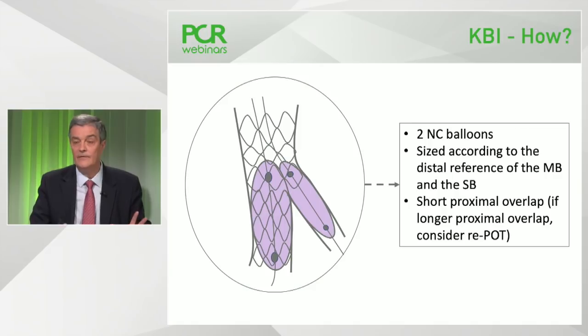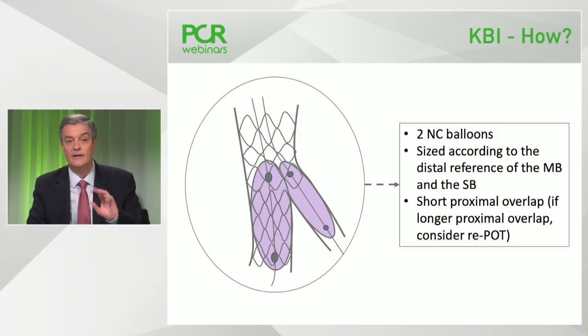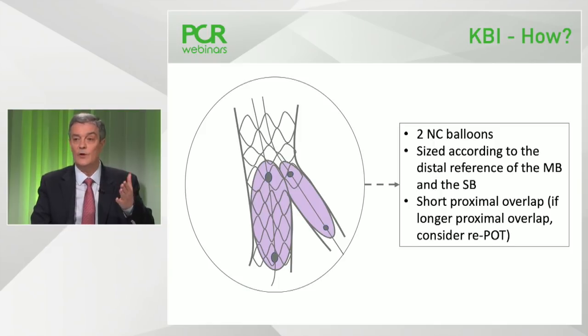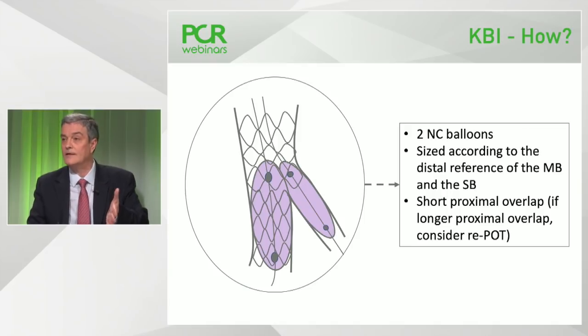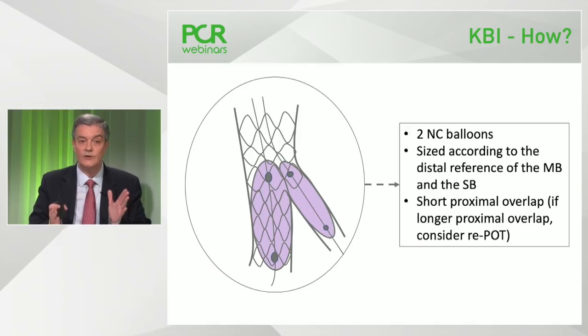Sizing, another very frequent question. Sizing of the balloons should be according to distal reference of the main vessel and distal reference of the side branch. Since we already have stents selected according to distal reference of the main vessel, usually it's an NC balloon, the same size as the stent, and for the side branch we should select an NC balloon according to reference diameter.